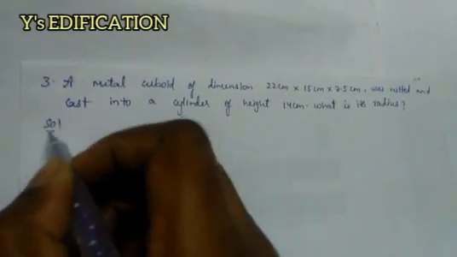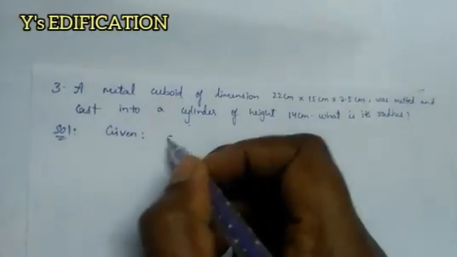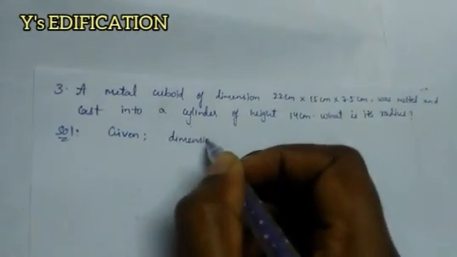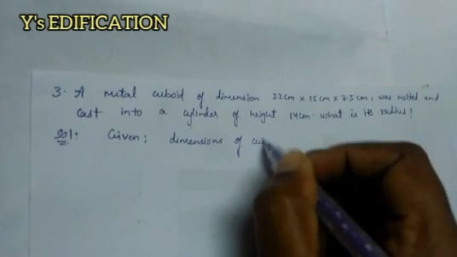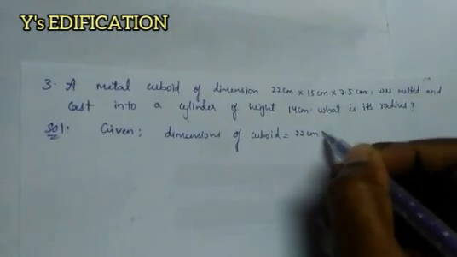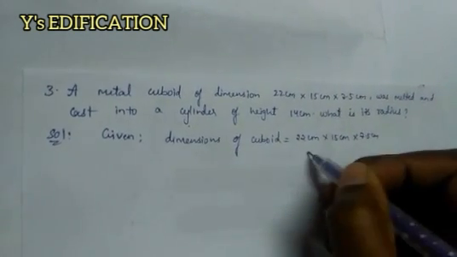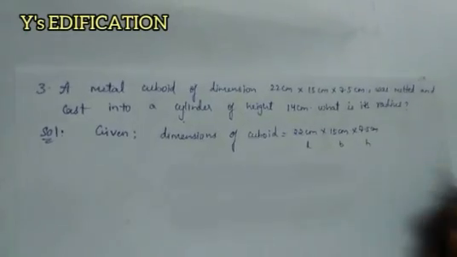Okay. So first write down the given dimensions of the cuboid. Dimensions of the cuboid are 22, 15 and 7.5. This is length, this is breadth and this is height.